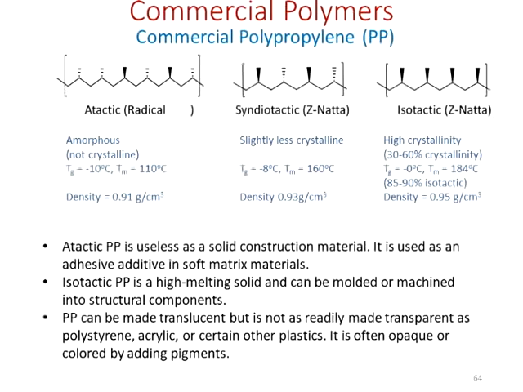They'll have that beautiful display, and it'll be an acrylic or polystyrene. Okay, it won't be polypropylene. Polypropylene will be in the lower-end stores. Okay, it is often opaque, or it can be colored if you add pigments to it.